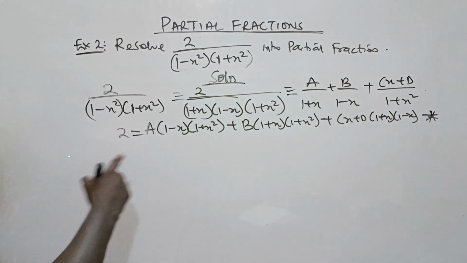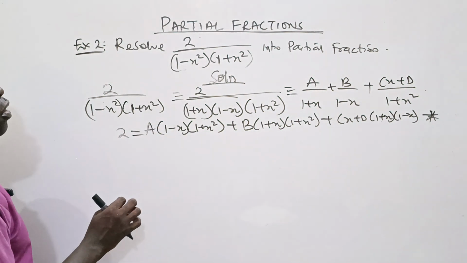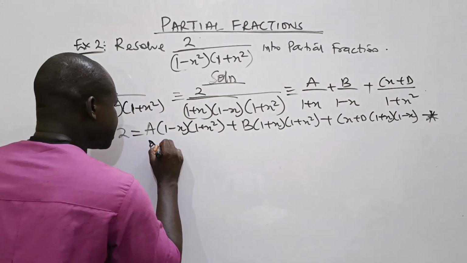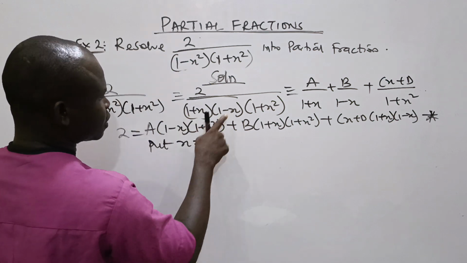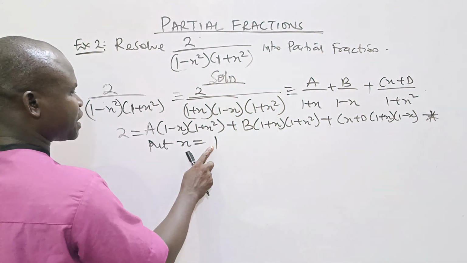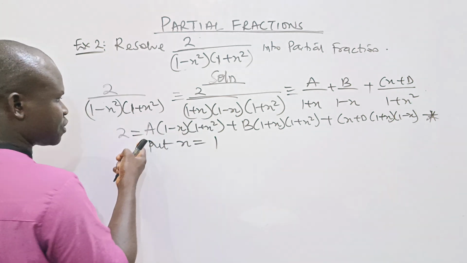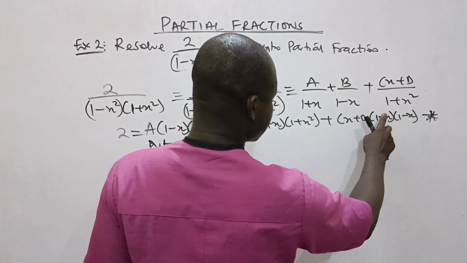So at this point now, on this straight line, we can apply either cover-up method or method of comparing coefficients. So let's start with cover-up method. If I put x to be equal to 1, since I know that there will be some cancellation, what am I going to get here? 1 minus 1, that will be 0. Everything will cancel out here.